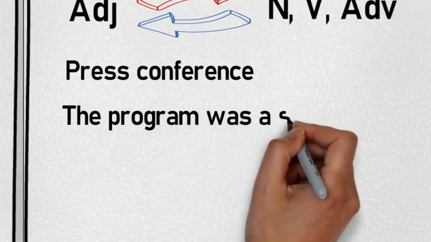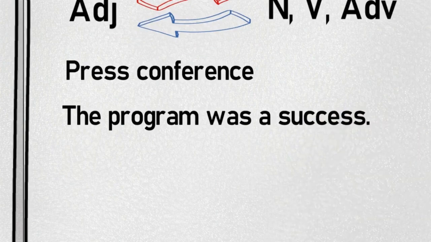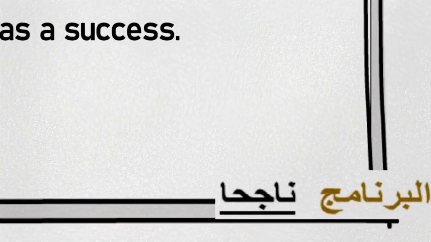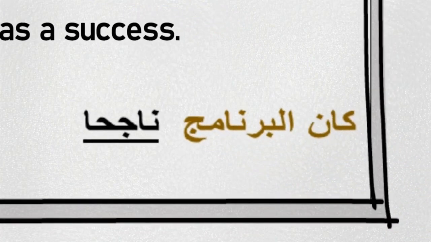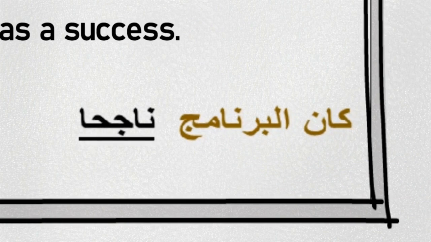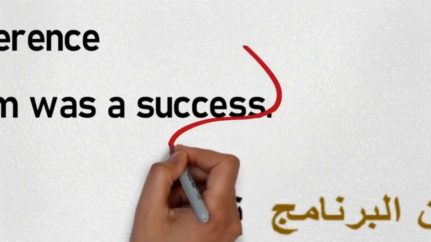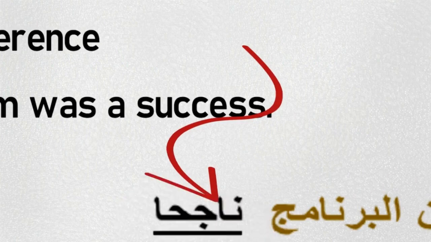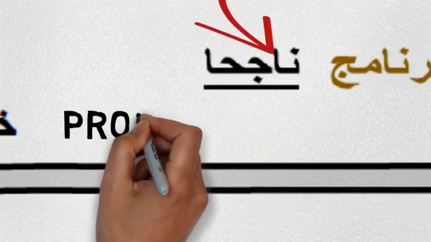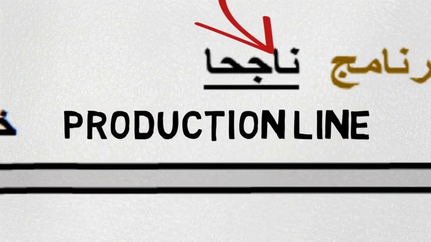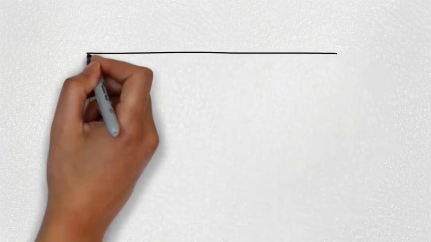For example, the program was a success. Here we have to change the noun into an adjective in Arabic. كان البرنامج ناجحا, not نجاحا. خط إنتاجي, production line, not productive line.